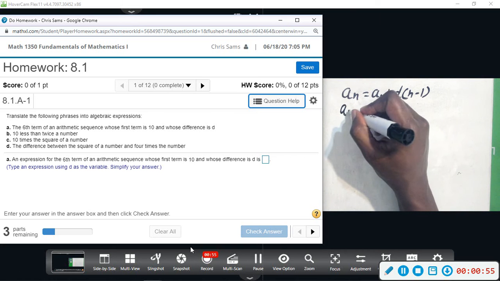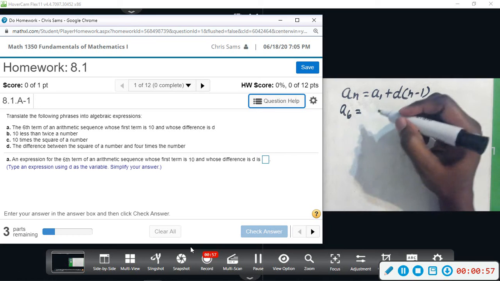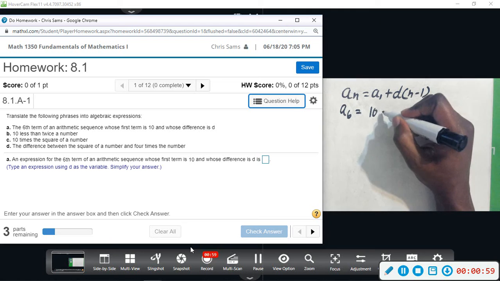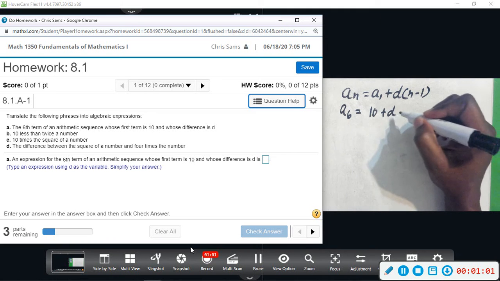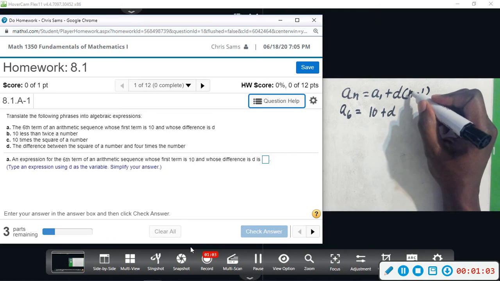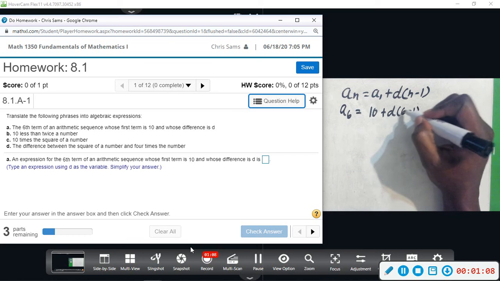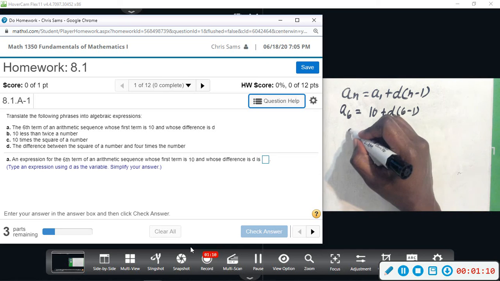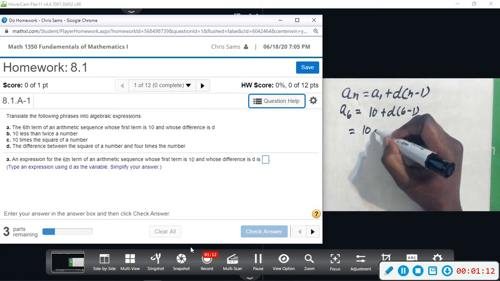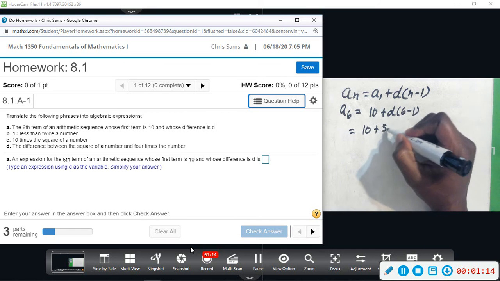It says the sixth term. So we're going to do 10 plus, we don't know the common difference, D, times 6 minus 1, which is 5. So this is equal to 10 plus 5D.